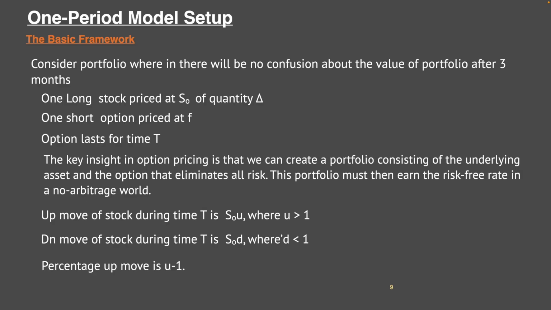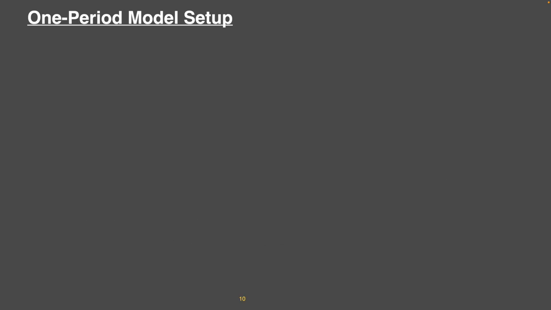So 0.1 is nothing but the percentage of up move, 10% up move. Similarly, the percentage down move: since we are considering D as less than 1, 1 minus D will become the percentage of down move.